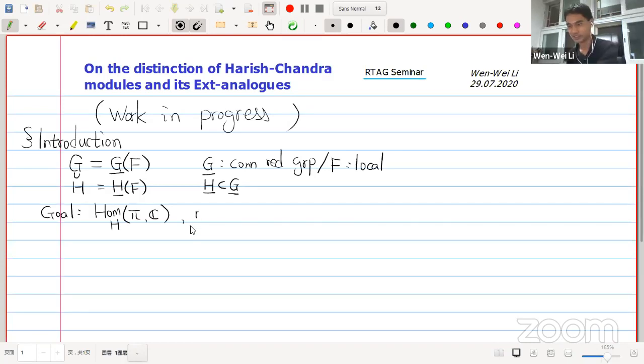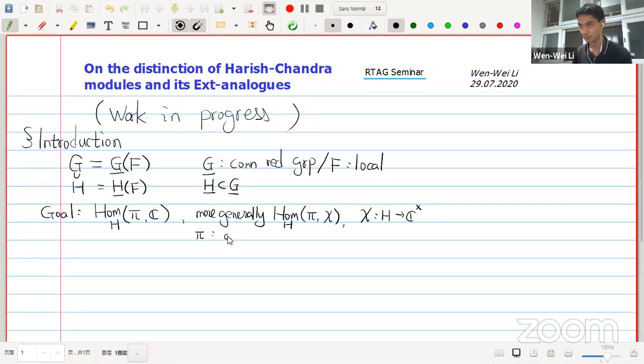Even more generally, you can plug in some character of H here. Here pi is an admissible representation of G. The goal is to study this space of invariant linear functionals.